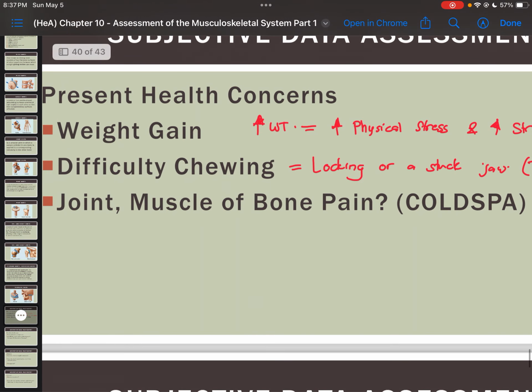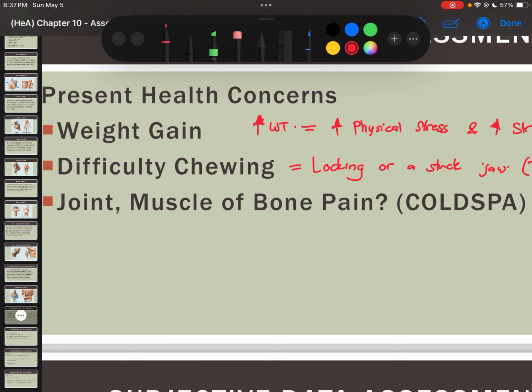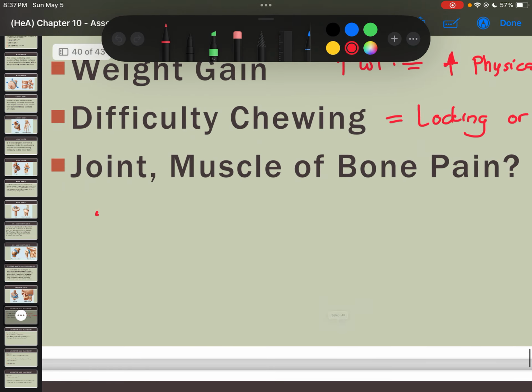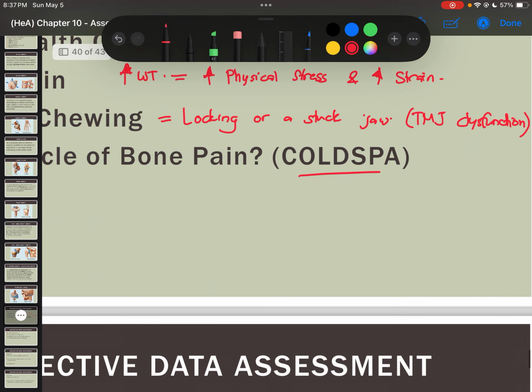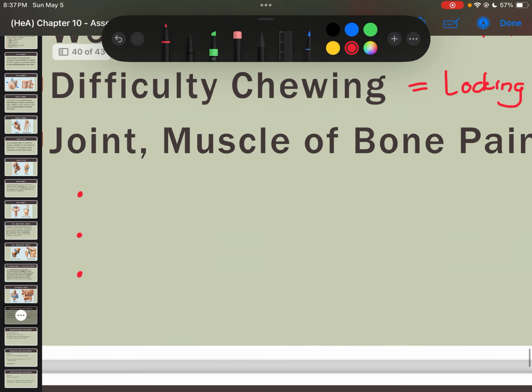And also we have to ask them about joint, muscle, or bone pain. Each of these types of pain has different characteristics, but we will still keep using our cold spa.